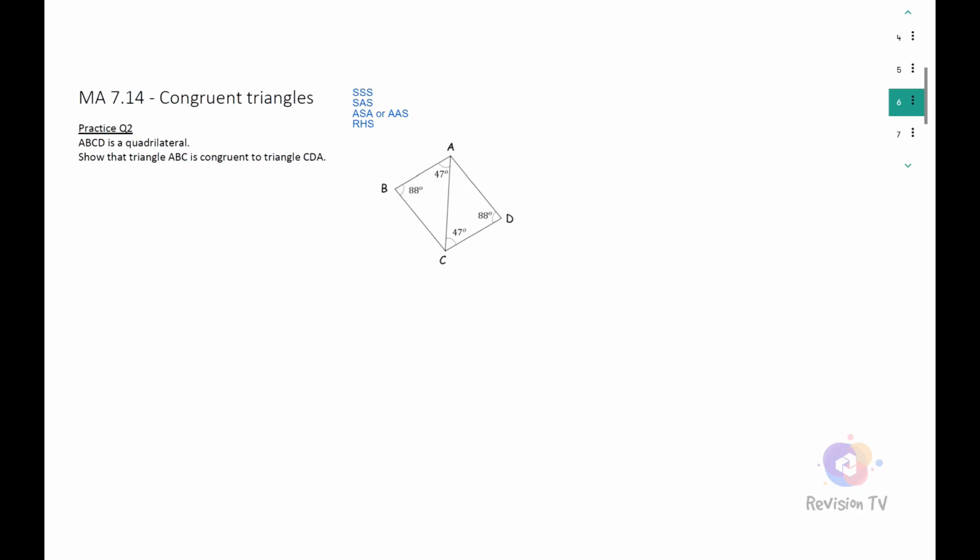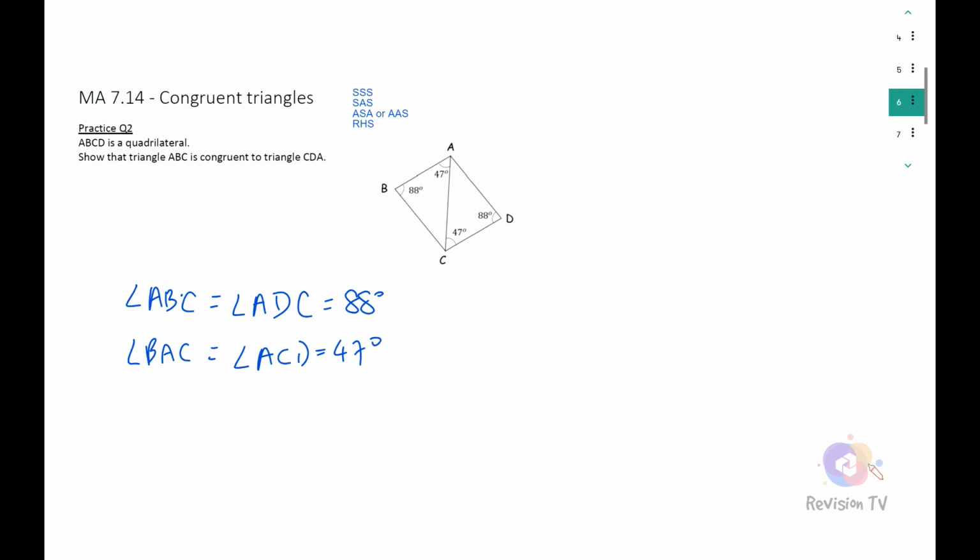So what I see in here is 88, 88, so they're equal. So therefore, angle ABC is equal to angle ADC, which equals 88 degrees. And then what we know is angle BAC equals angle ACD equals 47 degrees.